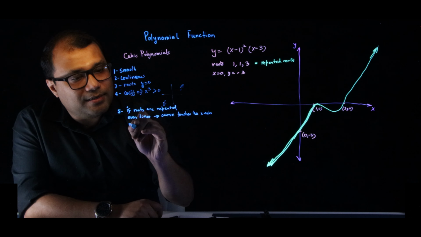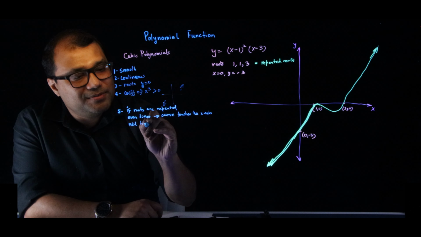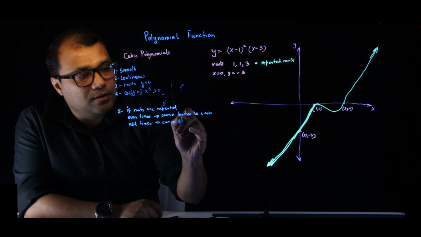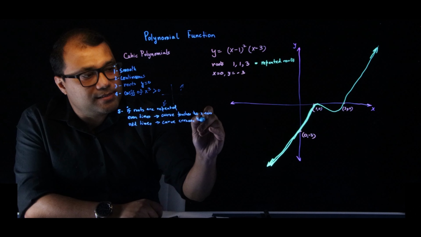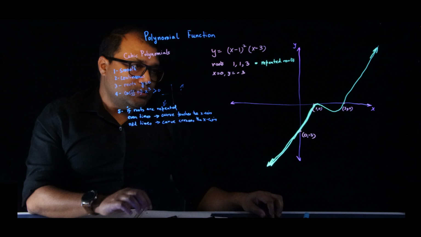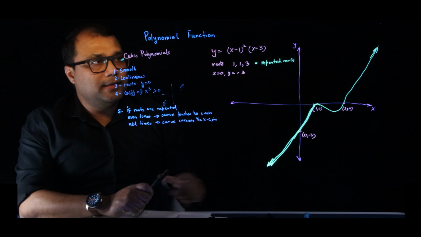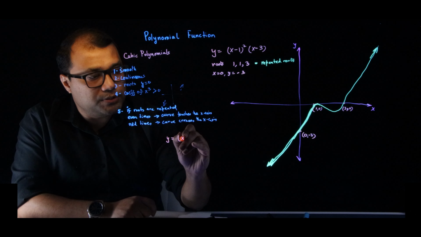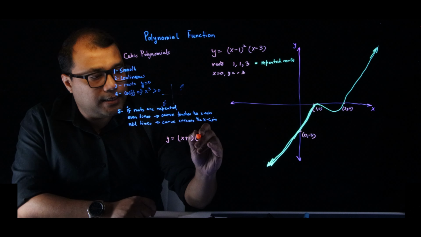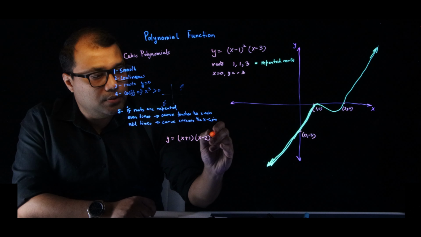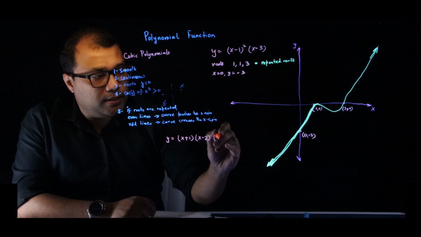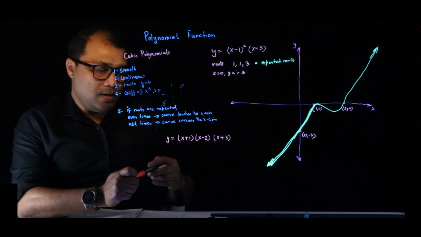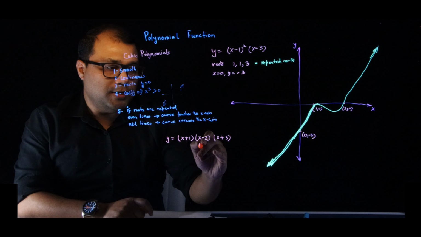If it is repeated odd number of times, then the curve crosses the x-axis. So quickly maybe we can take another example. Let's say we have the equation (x + 1)(x - 2)(x + 3). How would the graph of this function look?